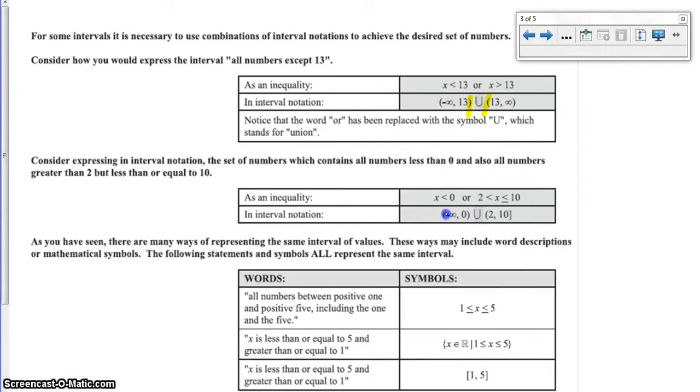Now let's take a look at this. X is less than 0. That goes from negative infinity, parenthesis, 0, parenthesis, because it's not included, or 2 is less than x, and x is less than or equal to, oh, that's why I used the bracket there, okay? So take a look at these words, take a look at the symbols, and let's move on.